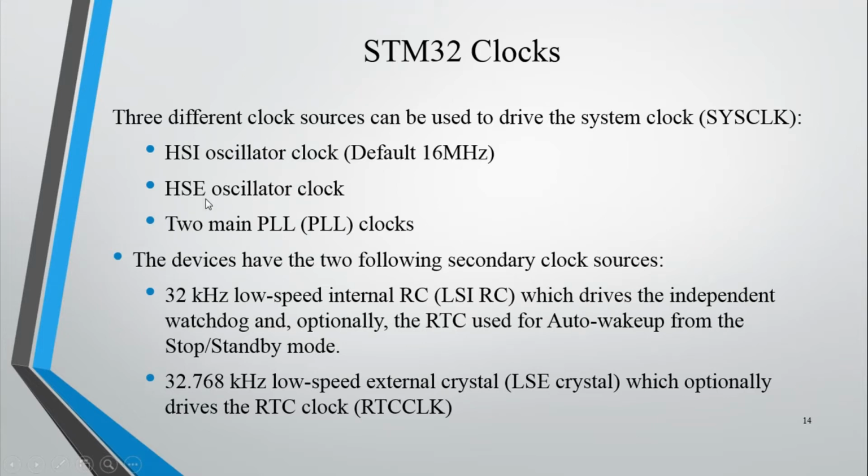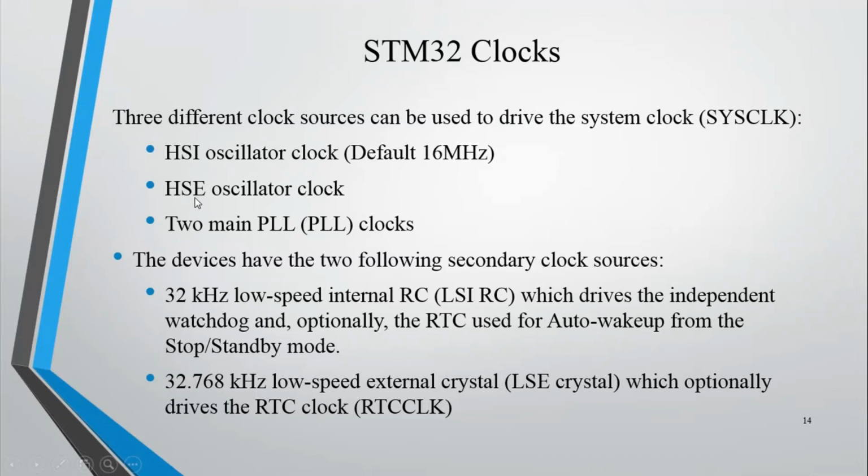So here you need to give an external oscillator, external crystal oscillator. So always HSE will be more precise than HSI, right? Because always the external crystal oscillator will generate more precise clock than HSI. But what is the problem in HSE?